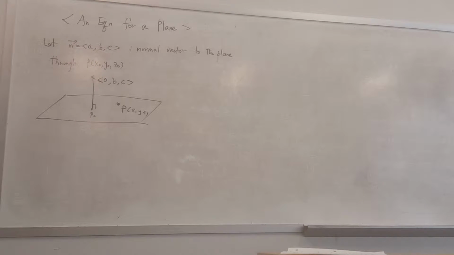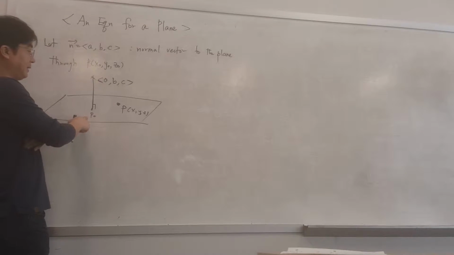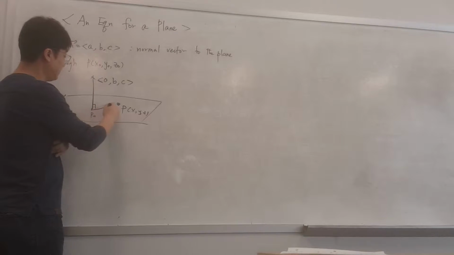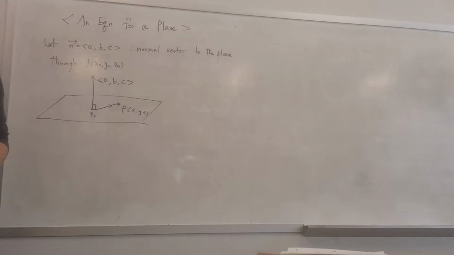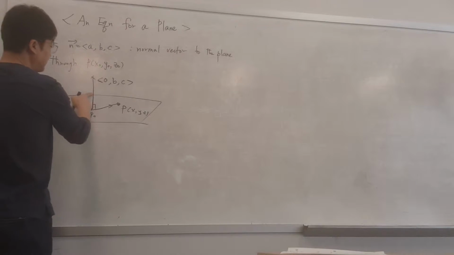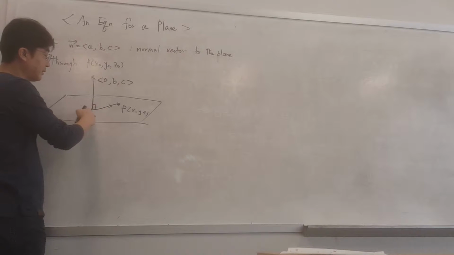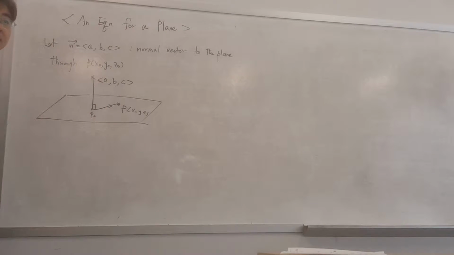Good. So now I would like to define a vector P dot P, which is on the plane, right? But the normal vector n is always perpendicular to the plane. This implies the vector ABC should be perpendicular to this vector P dot P. Do you understand?